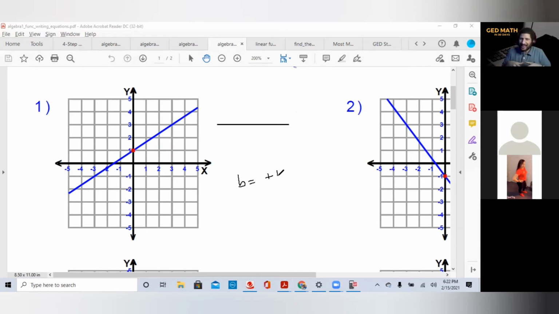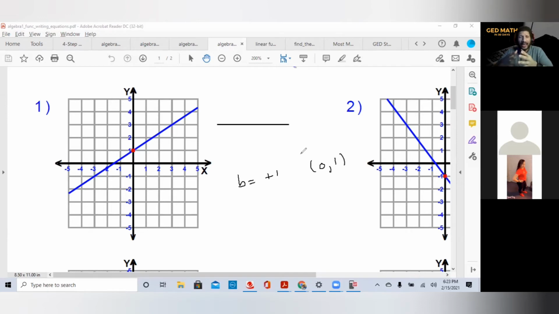Understand, with the GED, it's a standardized exam. You always identify what's given first. Identify what you know first. So we know this line is crossing the y-axis at +1. So our y-intercept is +1. The location of that point will be (0, 1). Remember, the y-intercept is where x is equal to 0.